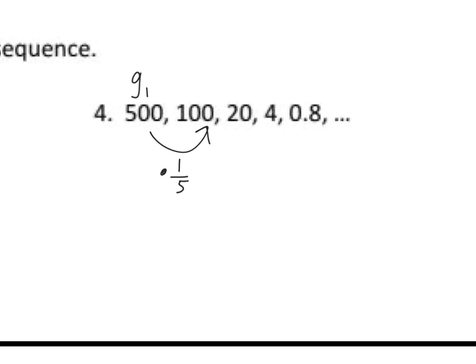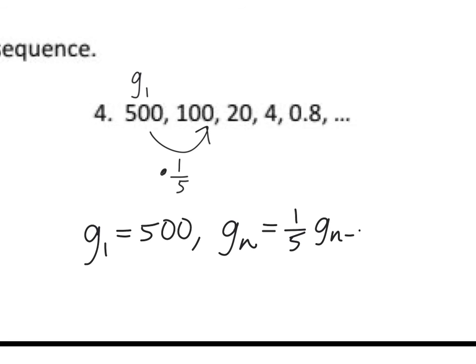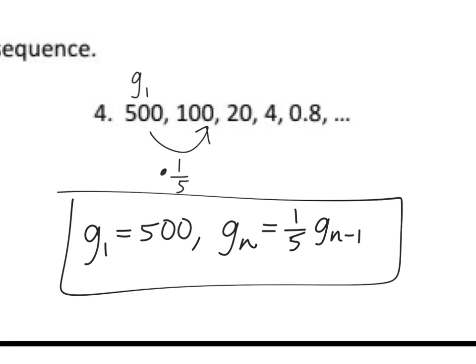So your recursive rule, following this equation at the top, G1 is 500. To get any other term, multiply by 1/5 to the previous term. That's what that says. Done. That's a recursive rule. It's weird, I understand. But you leave it like that.